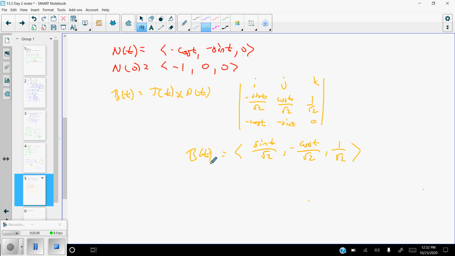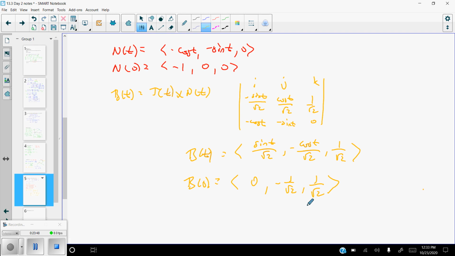And then we want to find the binormal vector at 0. So plugging 0 in, we're going to get 0, negative 1 over root 2, 1 over root 2. And you could always double check to make sure that this is indeed the case, because if you take two things which are perpendicular and dot them, you should get 0.